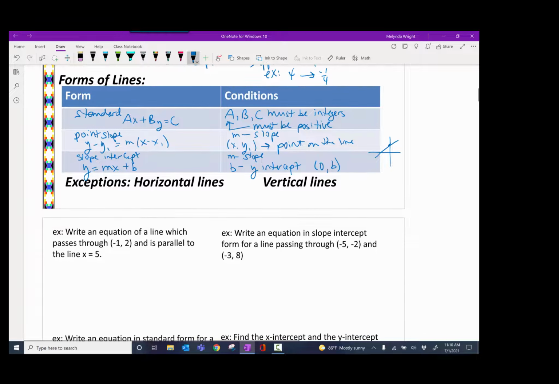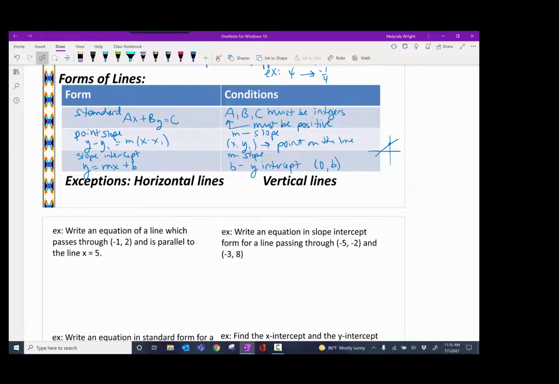So some exceptions would be horizontal lines. Horizontal lines are in the form of y equals some number. And the reason being, if you take a look at a graph of a horizontal line, let's say this is our horizontal line. Okay, sorry, that's a horrible line. You can see that the y value, let's say this y value is at -2, is always going to be -2 no matter what.